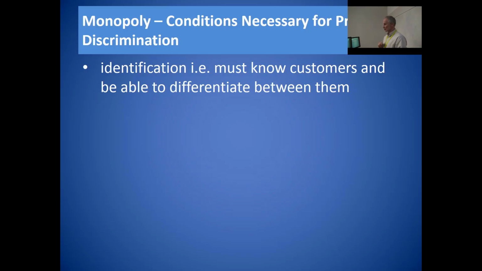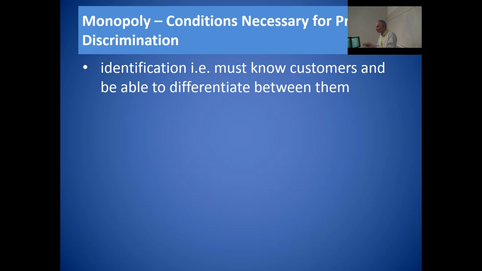The important thing, in order to be able to practice it, a monopolist must be able to do two things. The first thing is it must know that there are different groups of customers out there. It must be able to identify them. So when you turn up to buy your cinema ticket, how does the cinema identify you as a student? You're required to bring your ID with you. And if you haven't got an ID, you don't get the reduction.